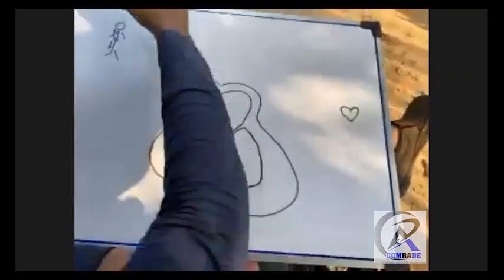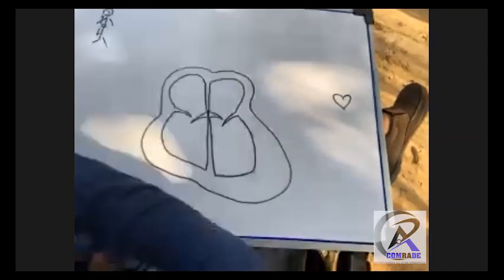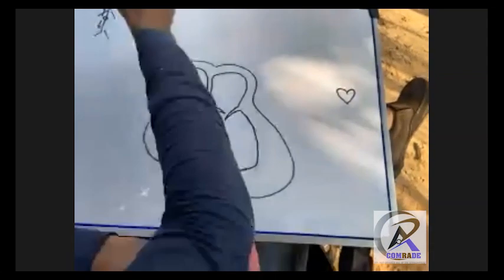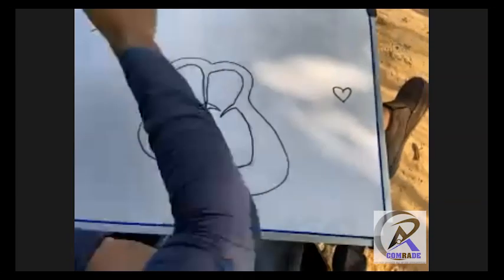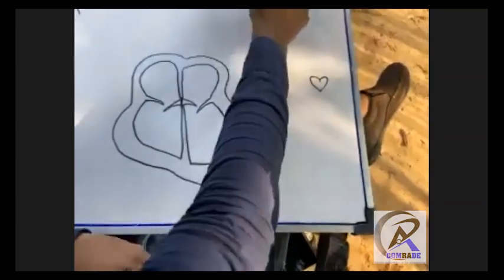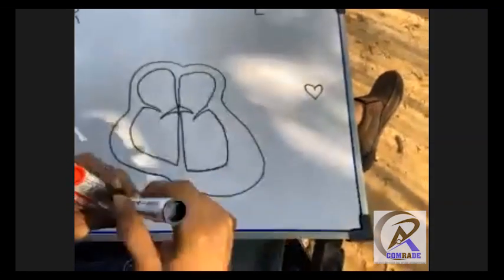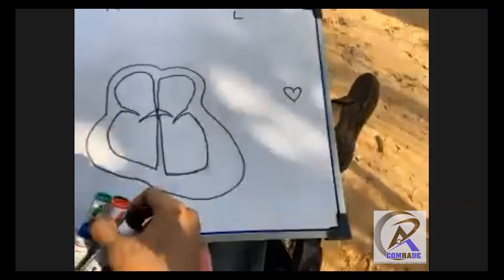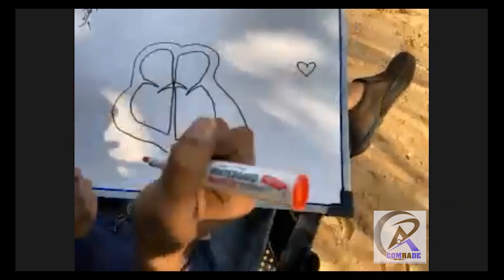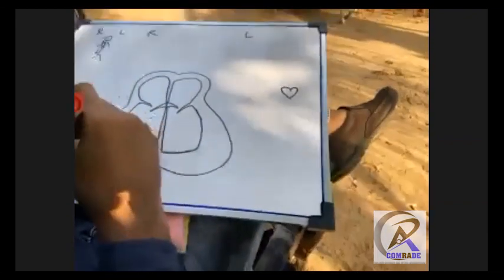If Hinia is from this way, this left side is this side. So this is the right side of the heart, and that is the left side of the heart.